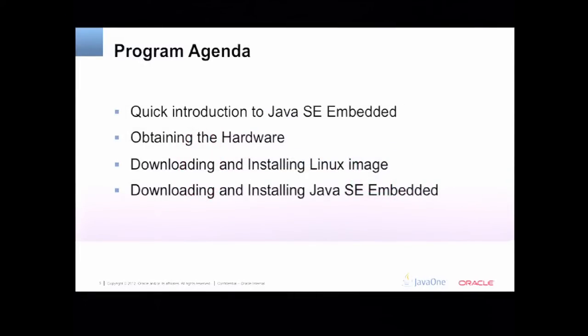So the program agenda. It's organized according to what would be the logical steps to get you up and running from point zero to the point where you are fully deployed and running Java SE Embedded on an embedded system.